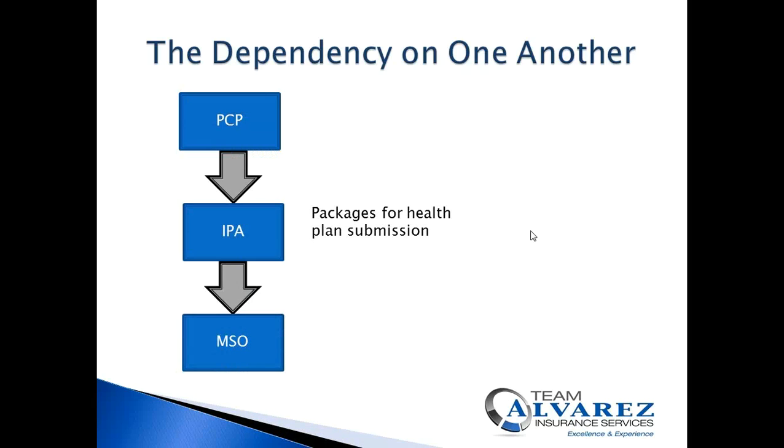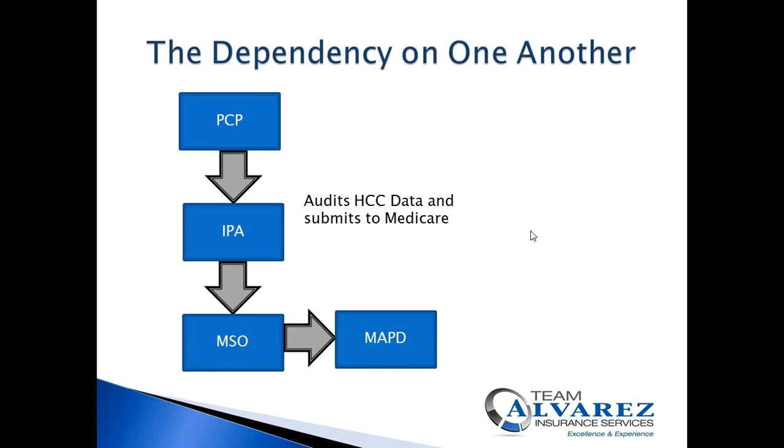Okay, the MSO packages all the information for submission to the health plan. Okay. The health plan audits the data received, because if there's any what's referred to as upcoding, which is saying that the patient is in worse condition than what they actually are, the MAPD is responsible for making sure of the integrity of that data.